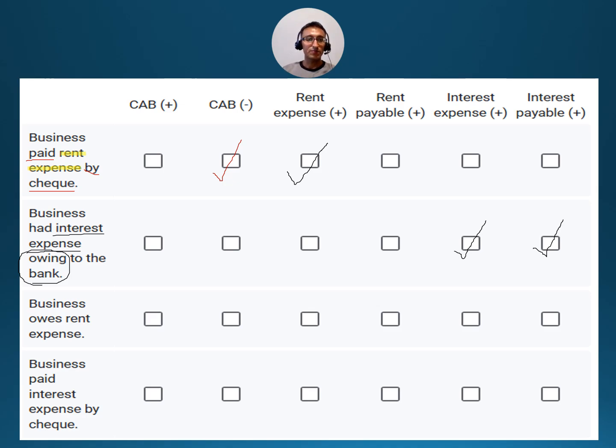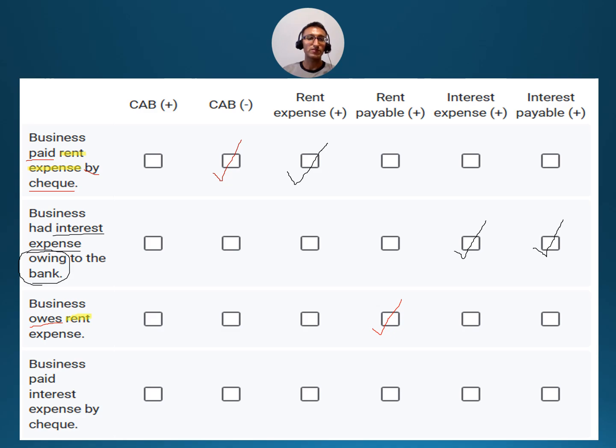Next example, business owes rent expense. By now we would know that when the business owes, it has to do with the payable account. The obligation to the supplier increases. This is related to rent, therefore rent payable increases. The next item is related to the cost of this service that is enjoyed by the business.